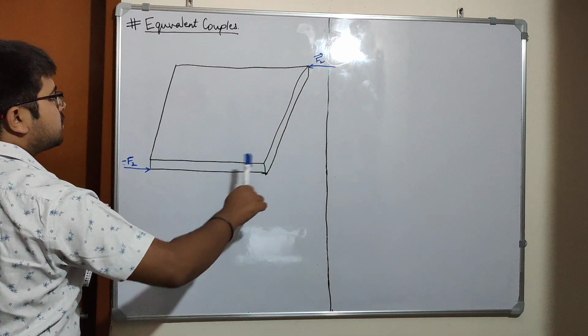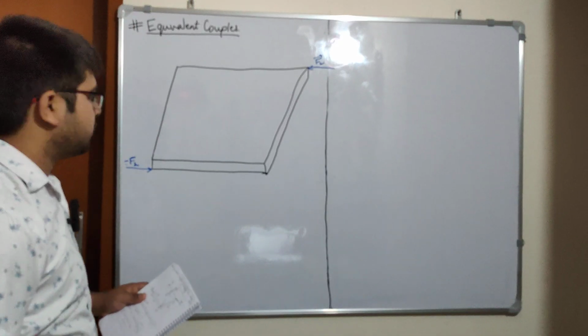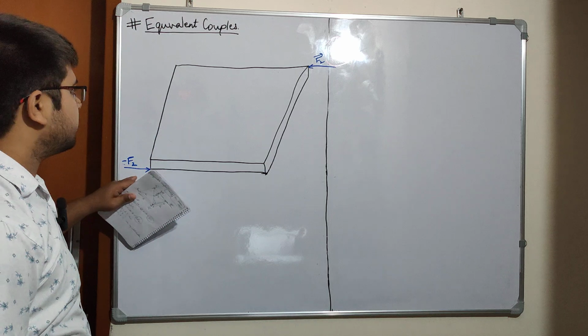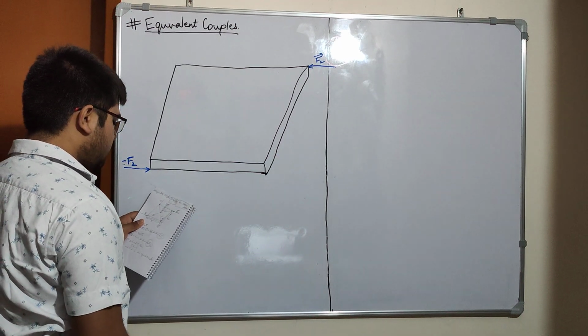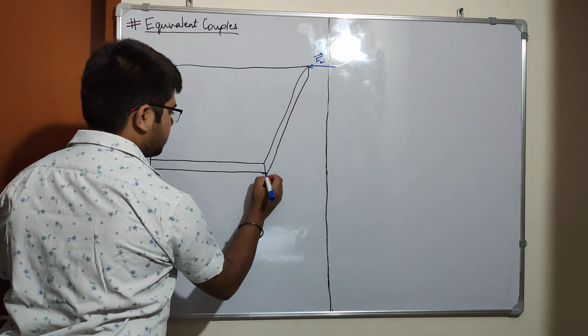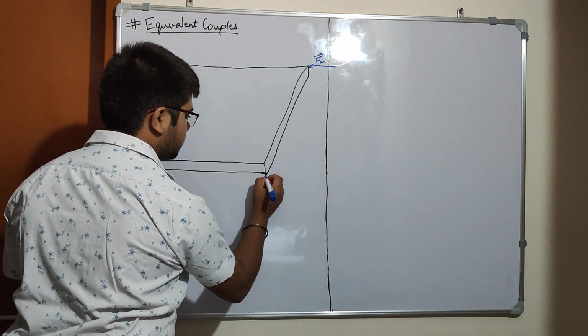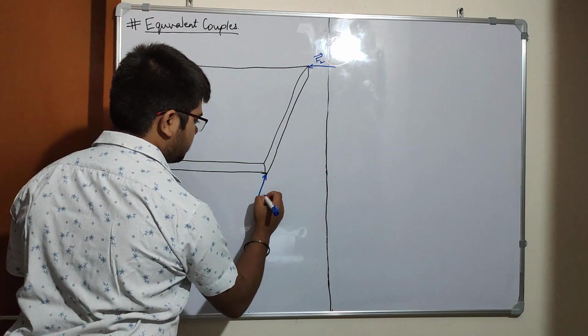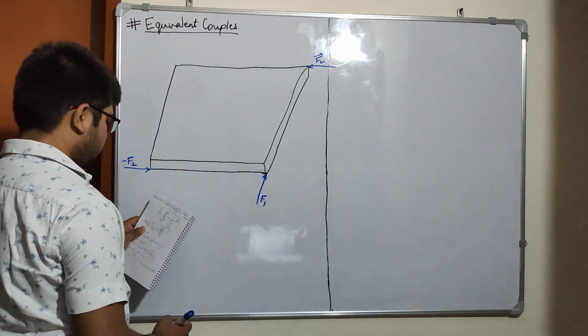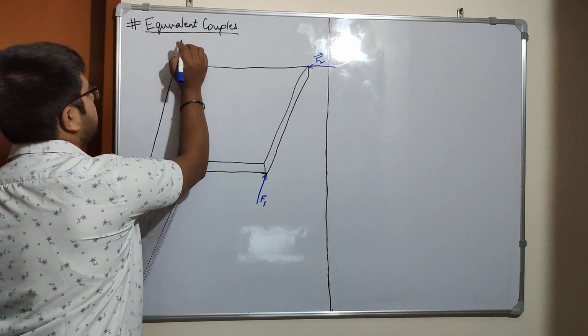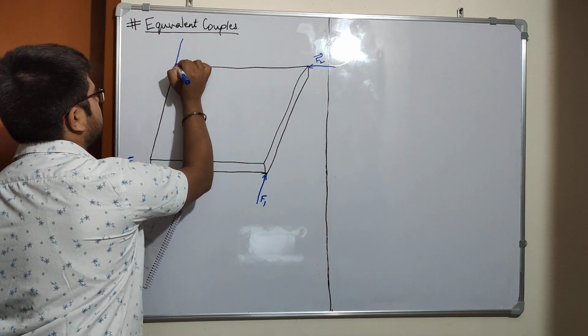This is a rectangular block in which F2 vector is acting and minus F2 vector is acting, and F1 vector is acting like this. This is F1 vector and this is minus F1 vector.